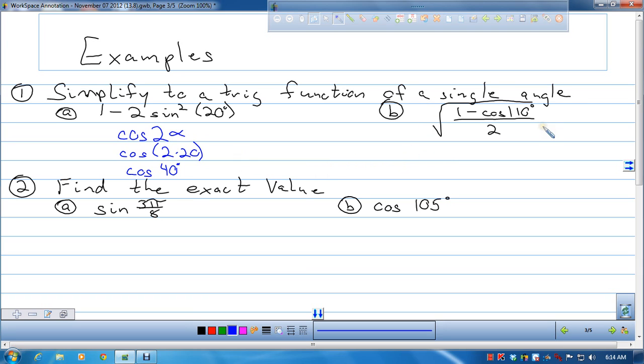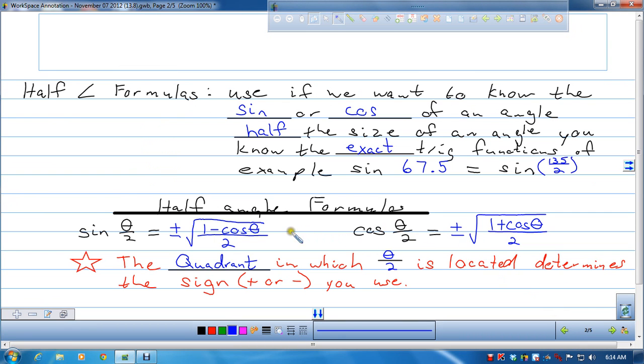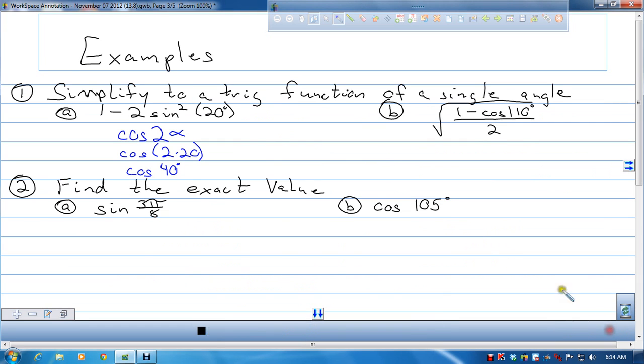Now over here, we're looking at the square root of (1 minus cosine of 110 degrees) divided by 2. I should notice right away that I have a square root, so I'm talking about a half angle formula. I'm subtracting in there, so it's the sine half angle formula.